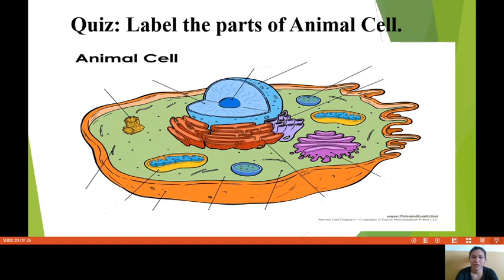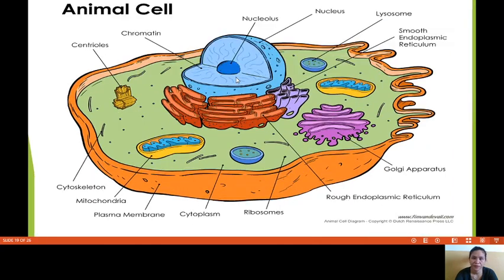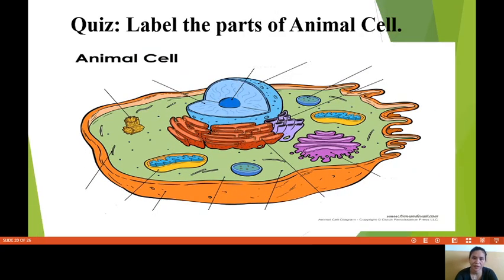Alright, so let's check if your answers are correct. What again this one? This is your nucleolus. This is your nucleus. This is your lysosomes.